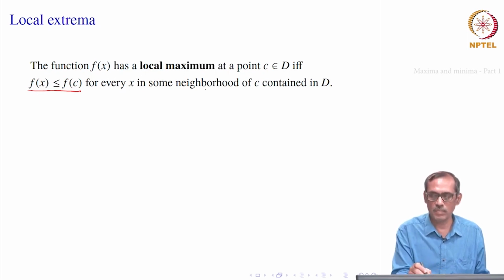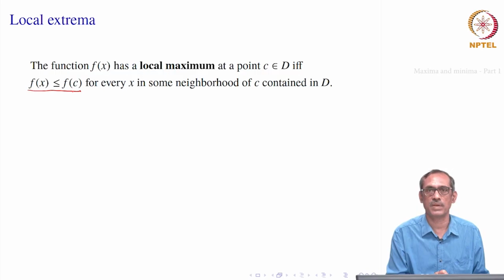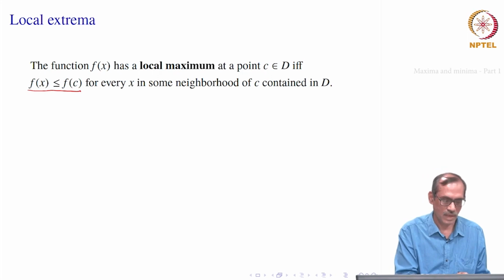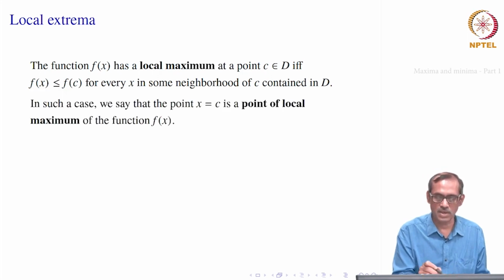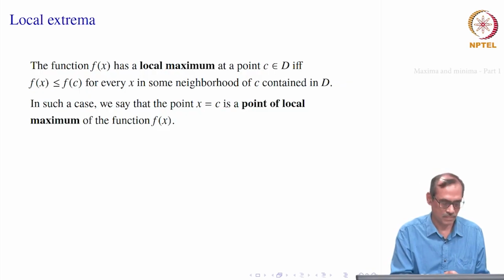If for every point in some neighborhood of c this inequality f of x less than or equal to f of c holds, we say that the function has a local maximum at the point c, and the value f of c is called the local maximum value, and the point x equal to c is called a point of local maximum of the function f of x.